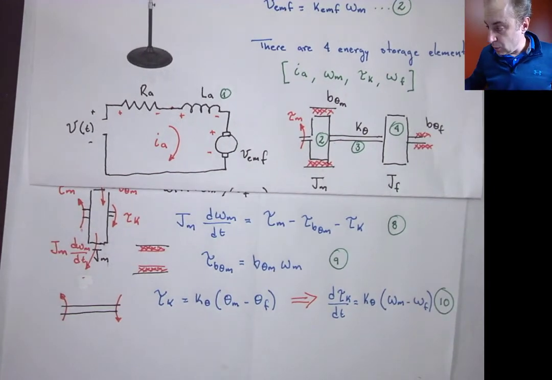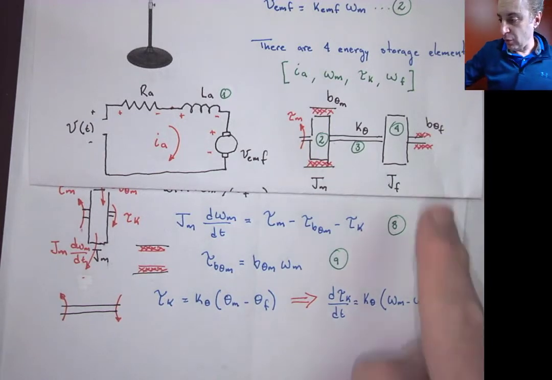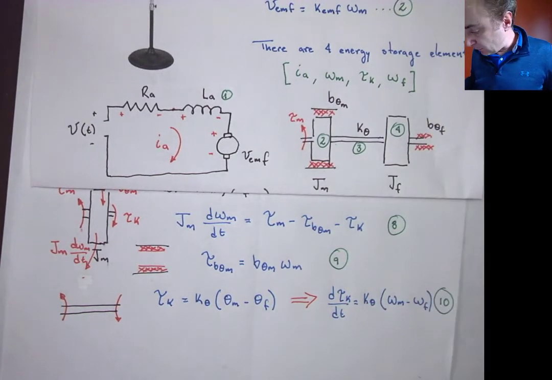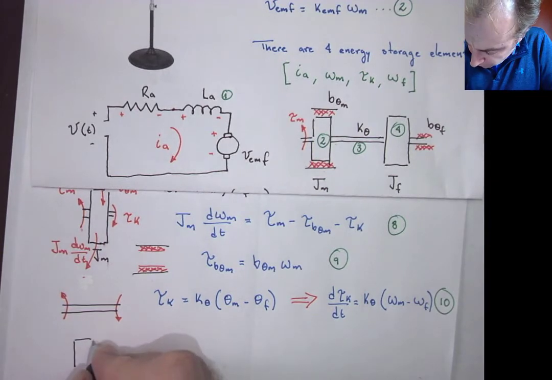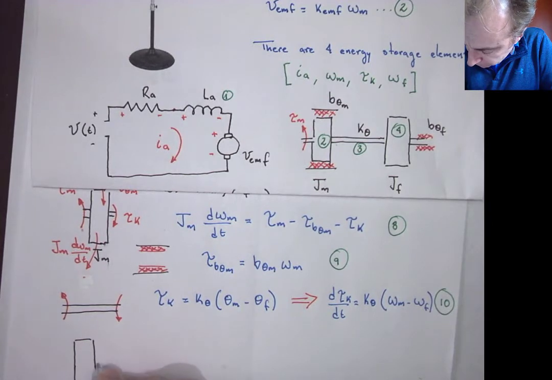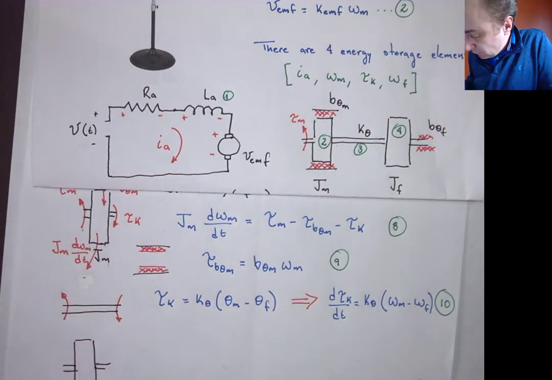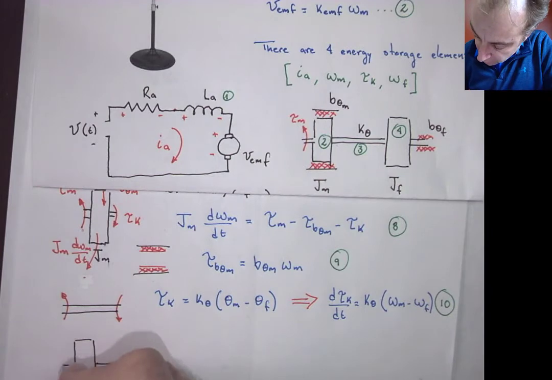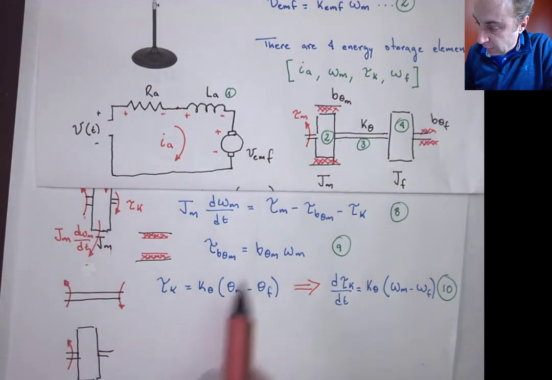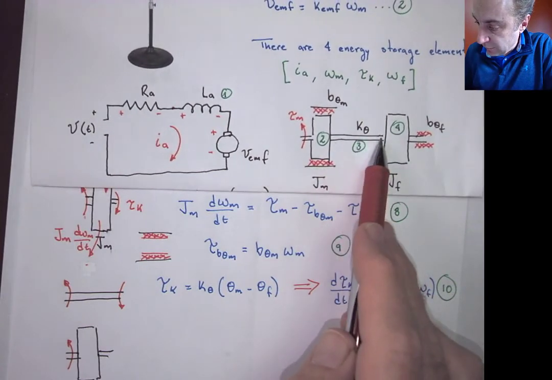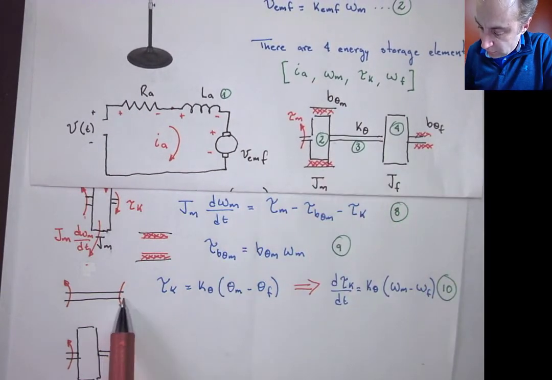Then we go to the other inertia element, which is the one related to the blades. So we're going to have a torque here, and that torque is the torque at the end of the spring, which is this one here, right?